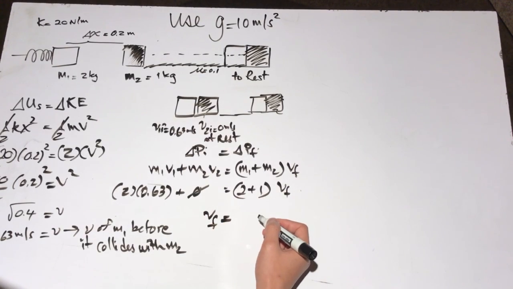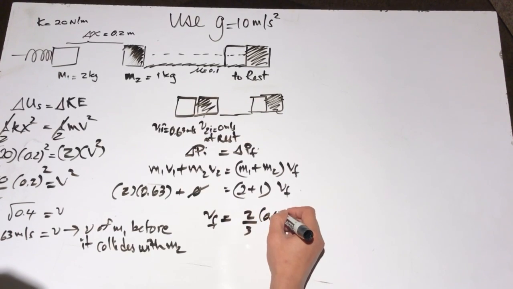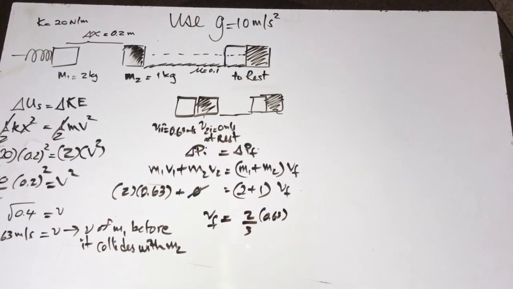So your final velocity should be 2 divided by 3, times 0.63. Let's do the math: 2/3 of that is 0.42 meters per second. That's the initial.